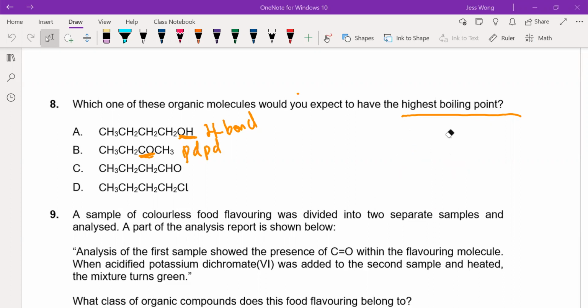Aldehyde has this structure. Again, dipole moments cannot cancel out because they are not equal in magnitude. So it's permanent dipole. And the last one, you can see C-Cl, so there is a polar bond. So the whole molecule will therefore be polar because the dipole moments do not cancel out. So it's permanent dipole. So the one which has the highest boiling point will be A.